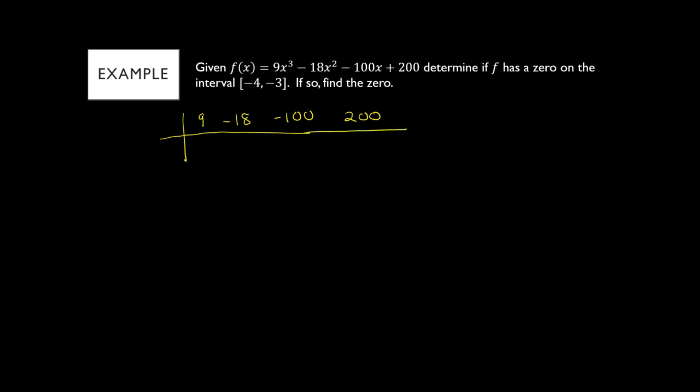And I'm probably going to need to use a calculator here because we've got some larger numbers there. And then I need to check the 2 points on the interval, -4 and -3. And the first part of our table is always dropping down. So the first column is just going to have 9s all the way down.